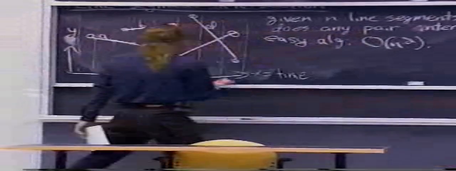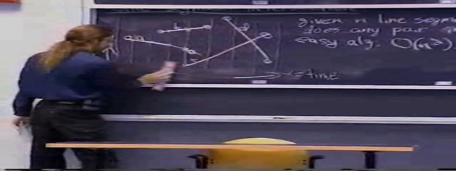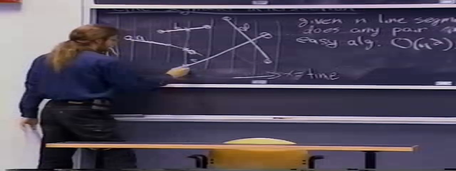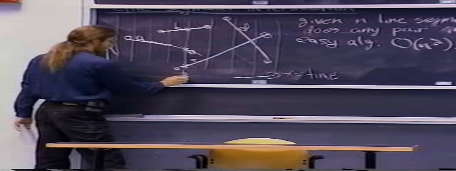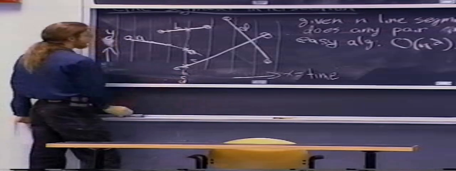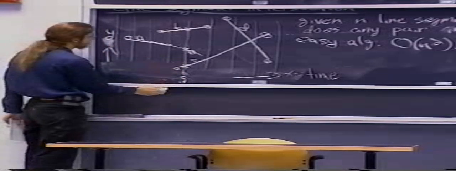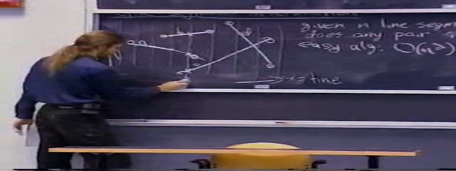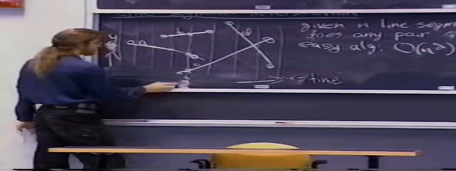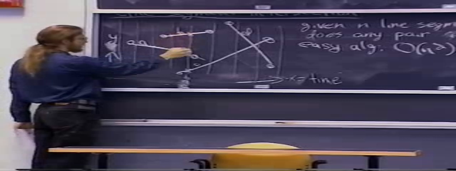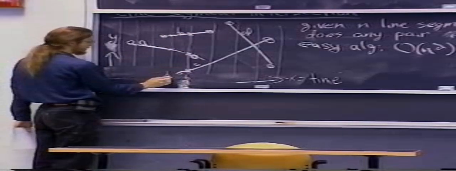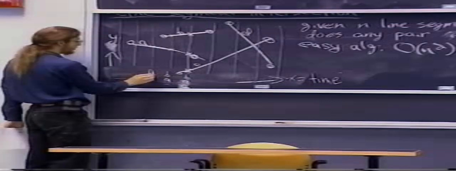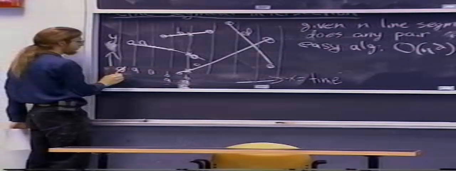I don't have enough space, but squeeze it in down here. So the contents of my dynamic set here will be exactly those intersections in the order that they occur. So here it's just BA, here it's just A, here it's just A, here it's nothing.